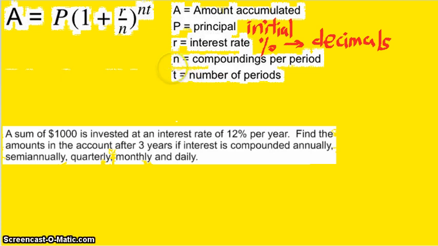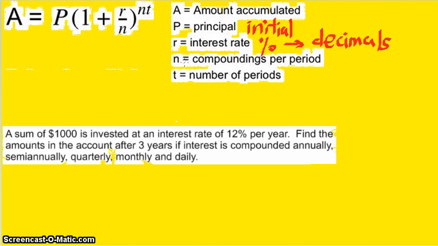So what's N? N is how many times we are getting paid, or paying the interest, in one period of time.